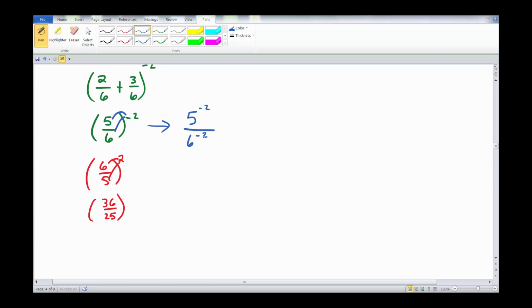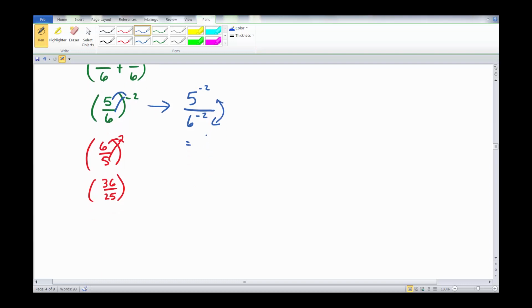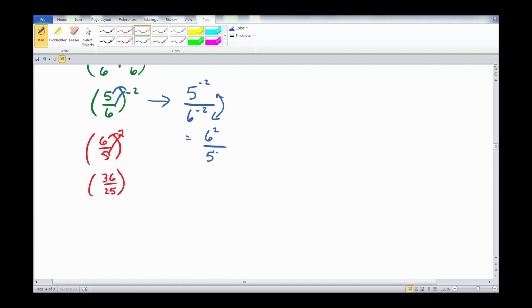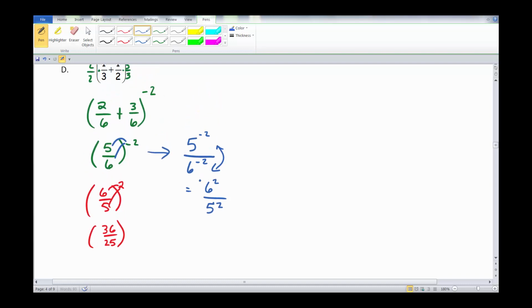From here we see that we have those negative exponents, in which case we would just flip these and place those negative exponents where they appropriately belong. So we would end up with 6 squared on top over 5 squared on the bottom, and then we can see that we still end up with the same exact answer of 36 over 25.